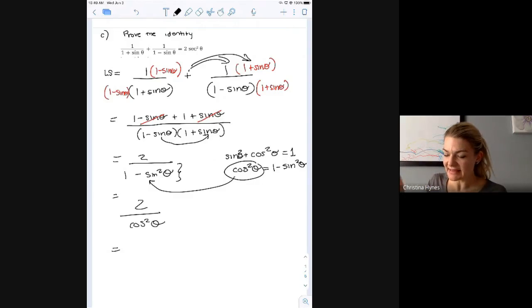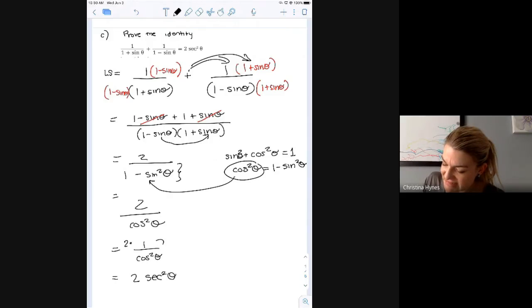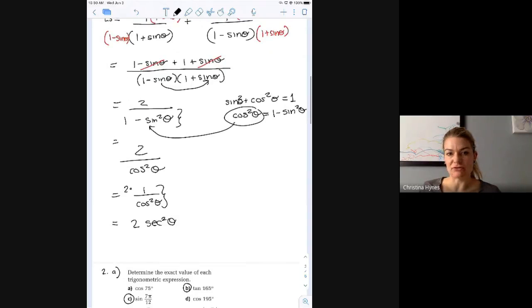And if you look at the right side of the equation, we're almost there, because 1 over cos squared theta times 2, I should put the 2 at the front just to make it a little bit better, 2 multiplied by 1 over cos squared theta is the same as saying 2 secant squared theta. So this is that reciprocal relationship where the square just follows along.